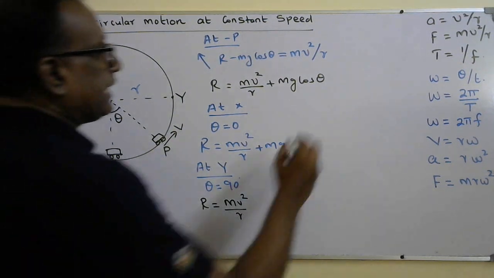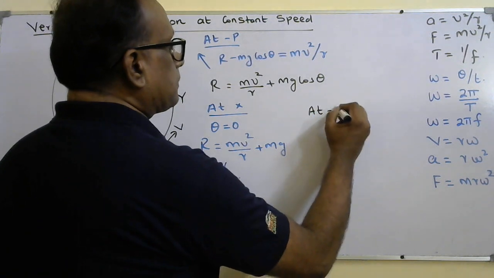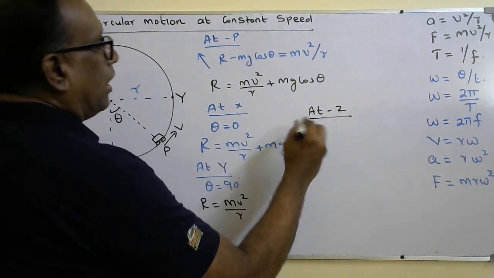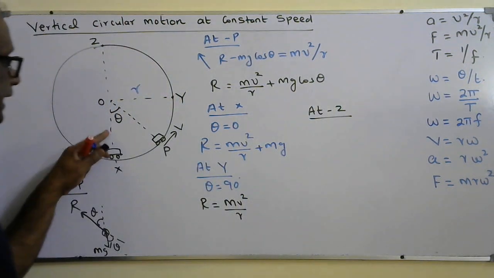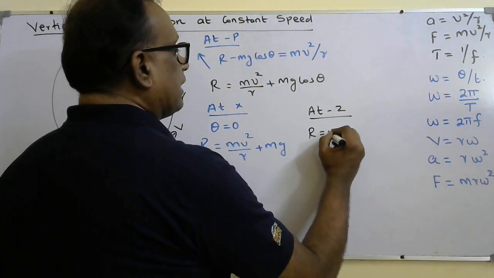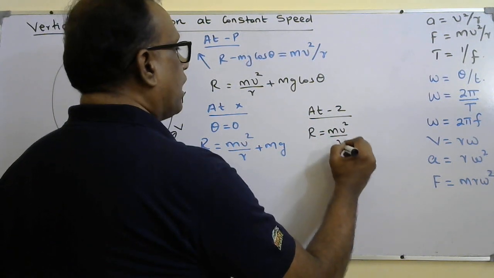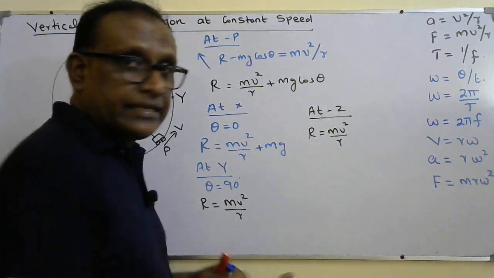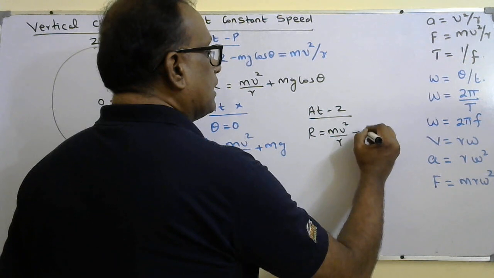In the same way at Z, theta will be 180, cos 180 is minus 1, so R is going to be mv squared over r minus mg.